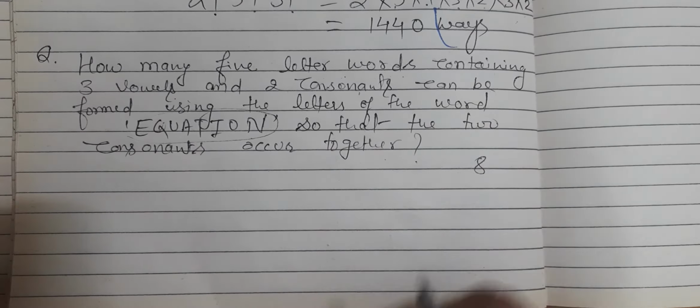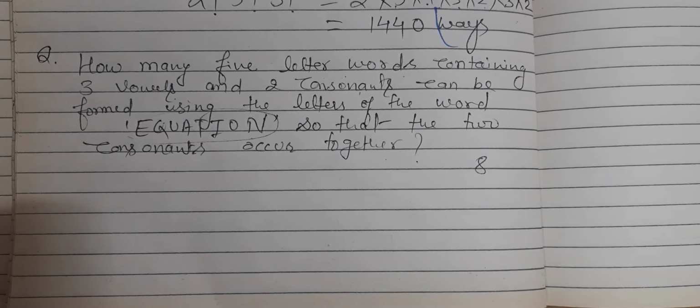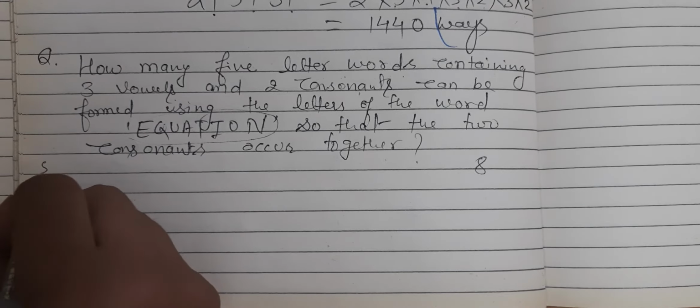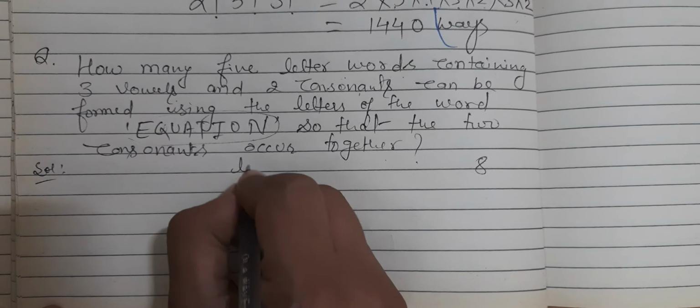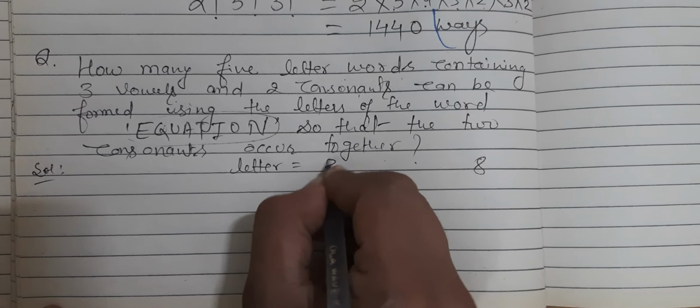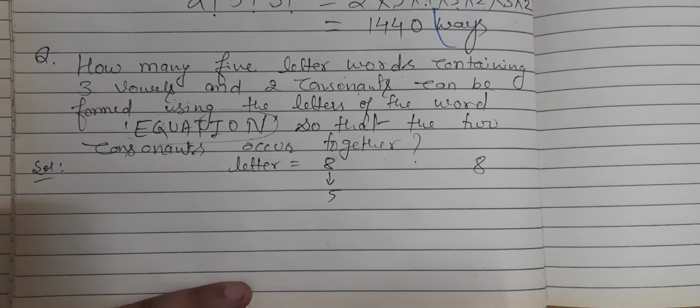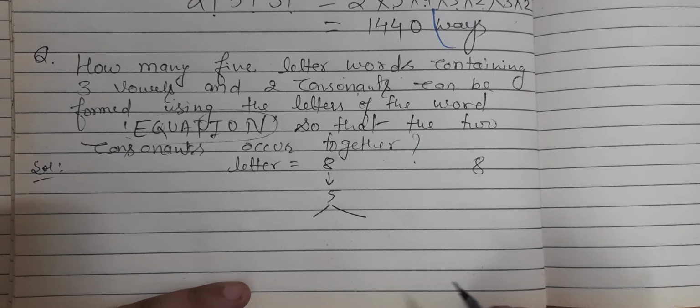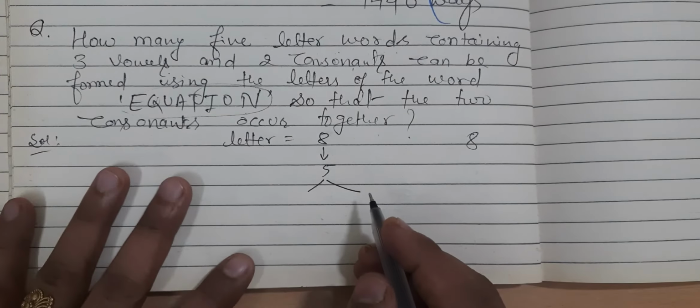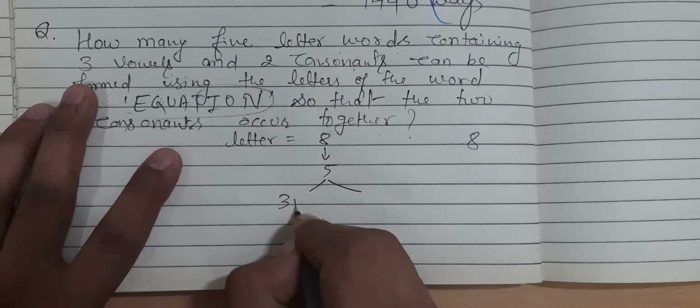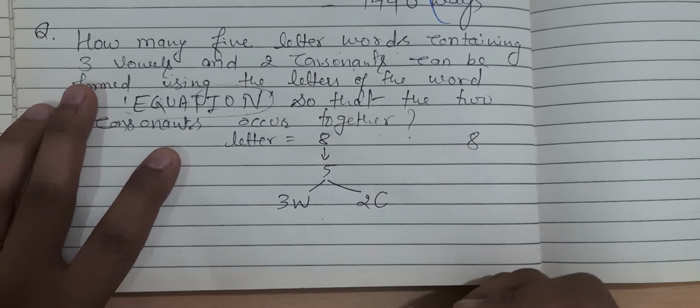So here there is selection, so we will also use combination. There are 8 total letters and we have to select 5 letters, but with the condition that these 5 letters contain 3 vowels and 2 consonants.